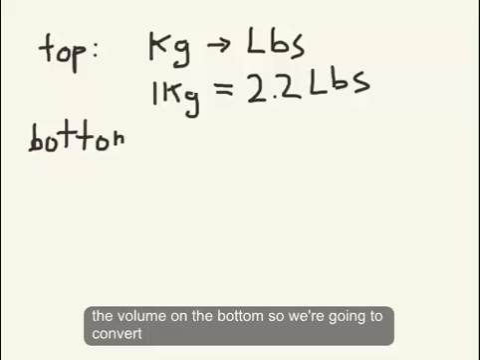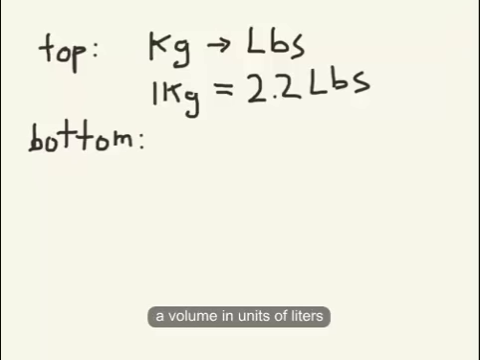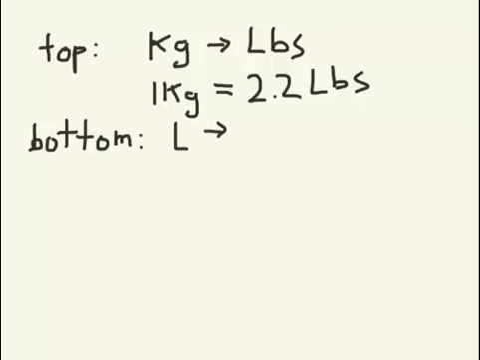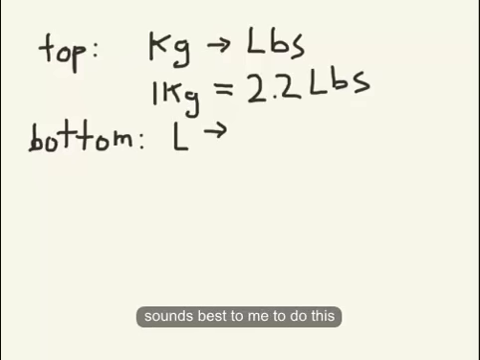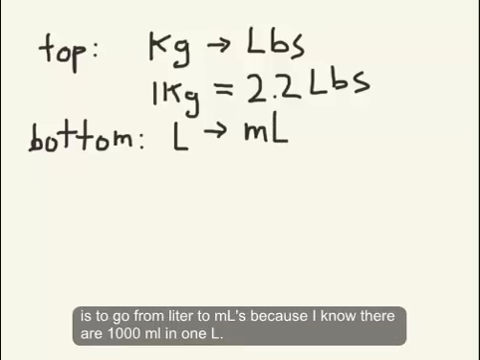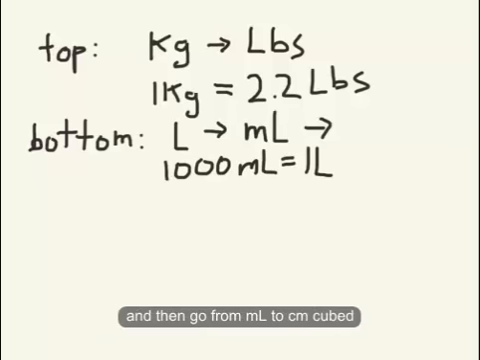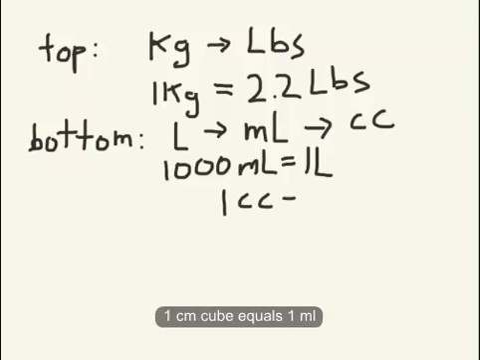So we're going to convert a volume in units of liters, and the way that makes sense to me the most is to go from liters to milliliters, because I know there's 1,000 milliliters in 1 liter, and then go from milliliters to centimeters cubed, knowing that 1 centimeter cubed equals 1 milliliter. They're the same size.